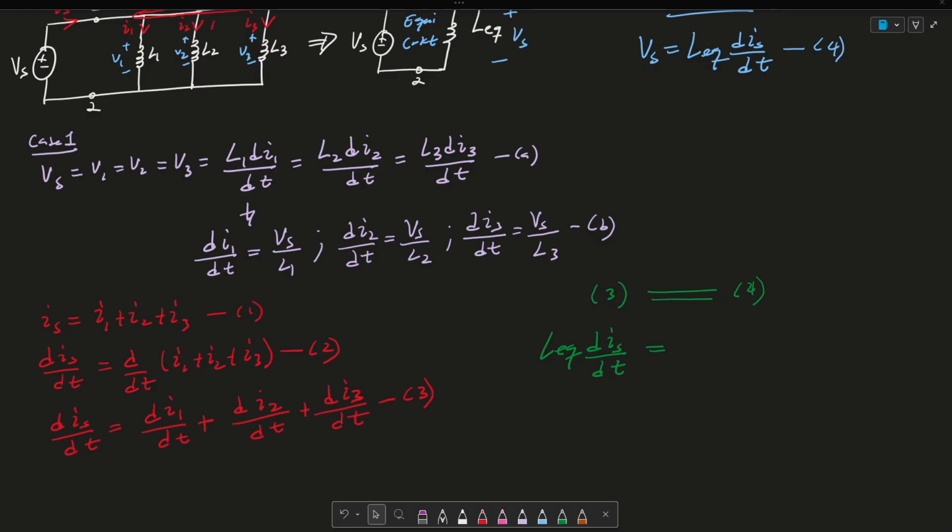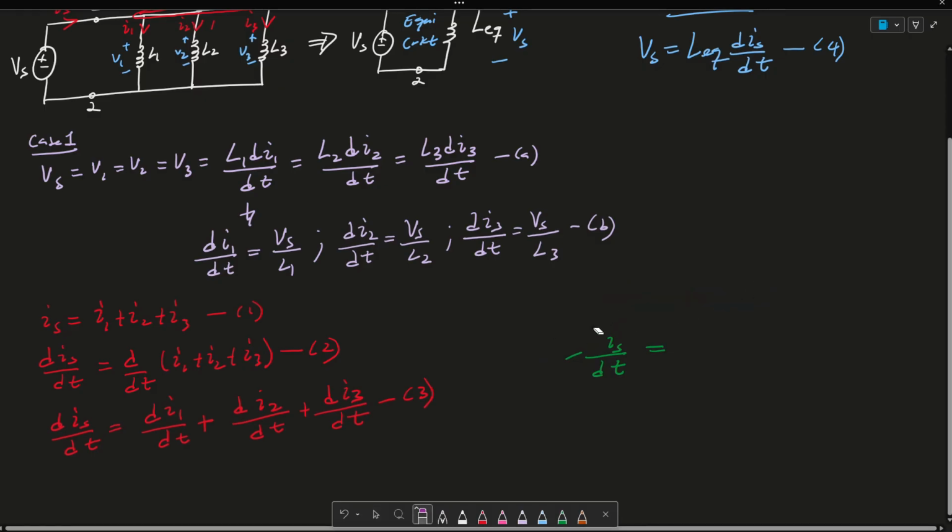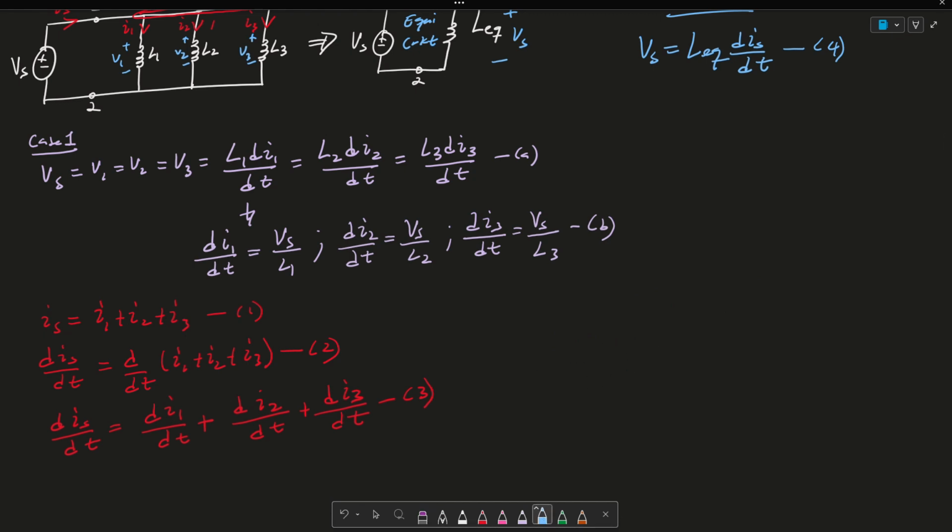Actually, a mistake was made here. What I meant to say was that to achieve equivalency, I can say Vs is equal to L equivalent dis over dt. But we know that to achieve equivalency, Is, or dis, has to equal this.